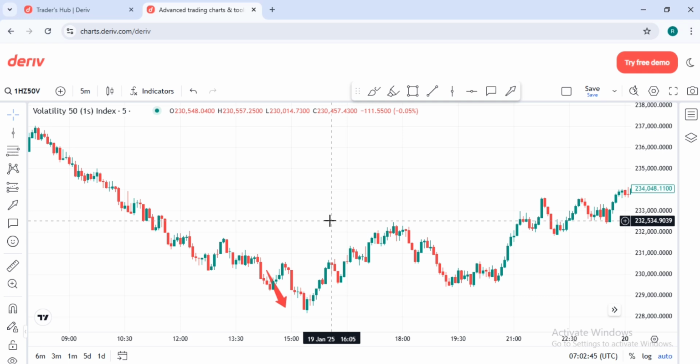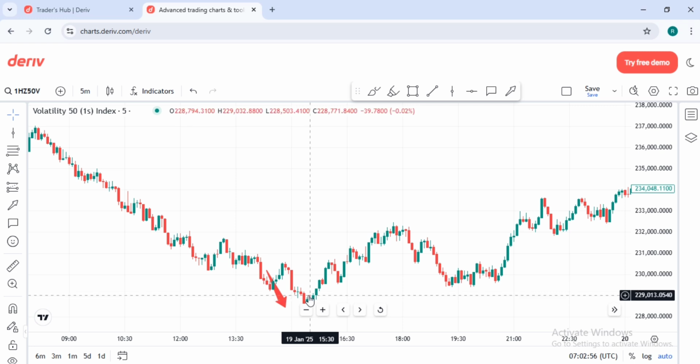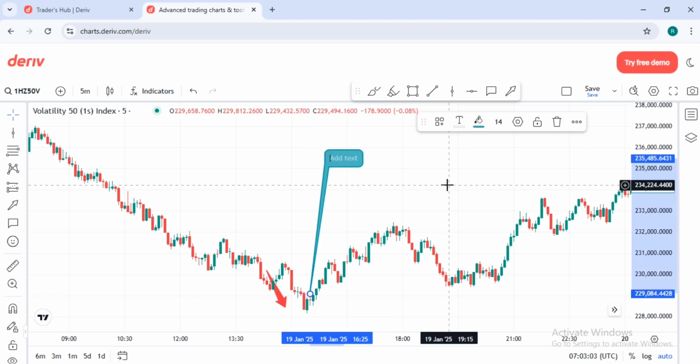But if you enter your trend using the 5 minutes time frame, in a situation like this one, you would make a loss. You would make a loss because of this candlestick. This is the candlestick we call the retracement candlestick.